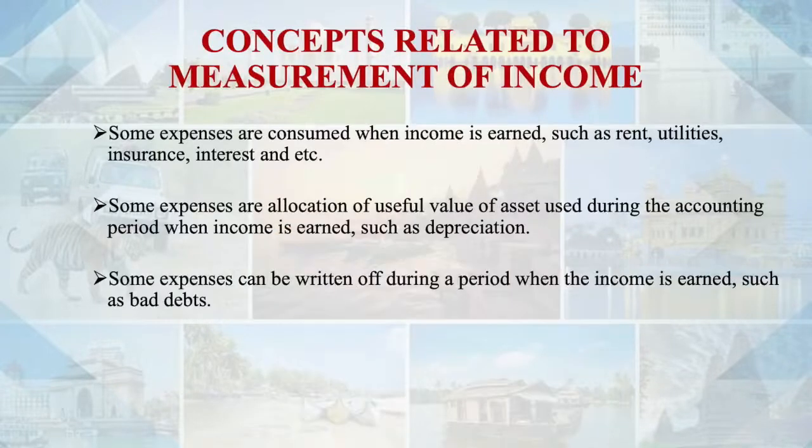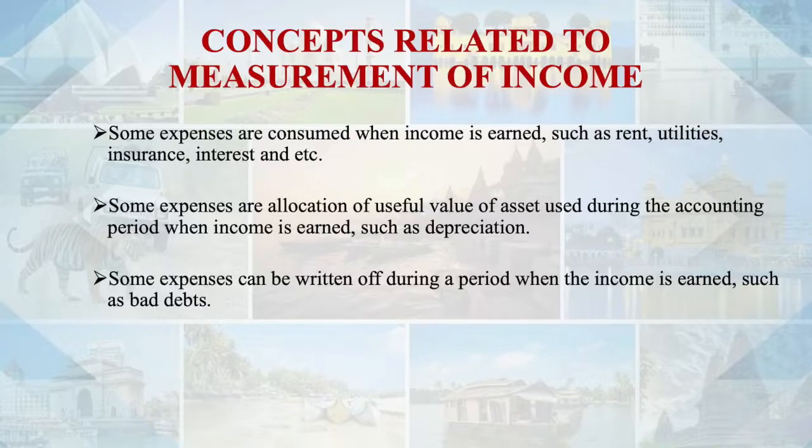Then certain expenses are there which you have to write off. That is, certain incomes are there which suddenly become unrealized. That is, you made some sales on credit and now that credit sales cannot be realized and it becomes a bad debt. Your debtors become bad. So that is also a kind of loss or an expense for you.